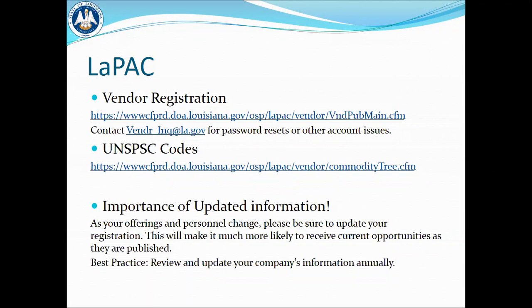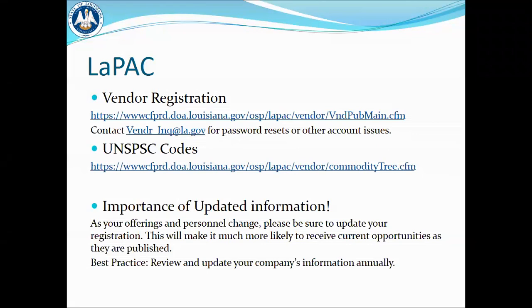We've got a link for the UNSPSC codes, which is how we track all of the commodities. So if you go look through that and find what you're providing, make sure that that is linked to your profile. One really important piece of this is that we need to have updated information for you, because every now and then we'll go into the system expecting to be able to find a vendor and locate the contact person, only to see that it has not been updated in 10 years in some cases.